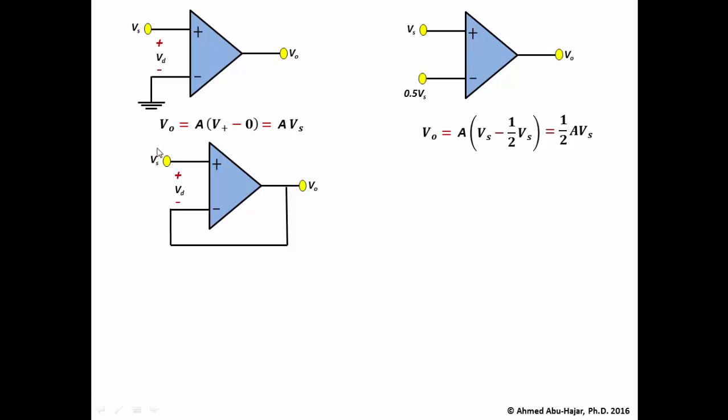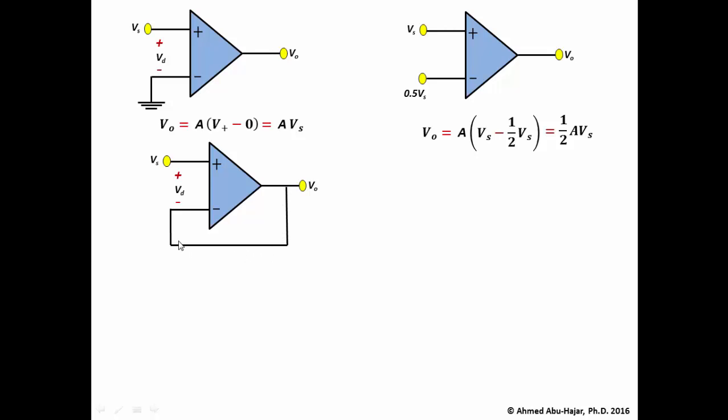Let's say that I'm going to apply Vs to the input, but from the output, I'm going to feed all of V out back into the inverting input. The inverting input becomes V out.